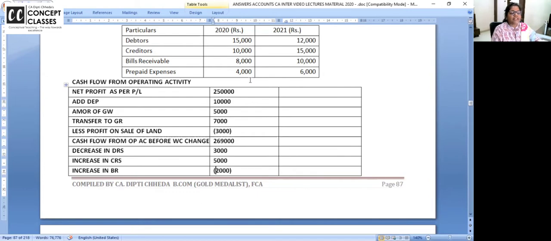Now prepaid expense is an asset. It was 4,000. Now it is 6,000. So when there is prepaid expense increase by 2,000, you have paid more prepaid expense. है ना? 4,000 were the prepaid expense. Now they are 6,000. Journal entry in your mind: prepaid expense to bank, 2,000 more you have paid. So increase in current asset, more money blocked in prepaid expense.